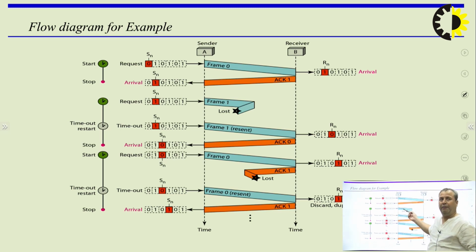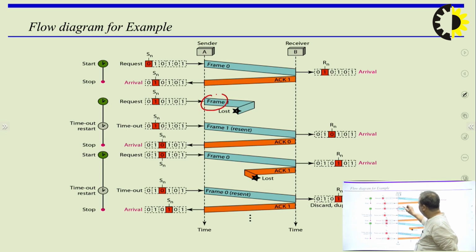Acknowledgement numbering is always for the next frame. Now frame 1 is sent by the sender, but during the transmission this frame is lost. So what do we do?